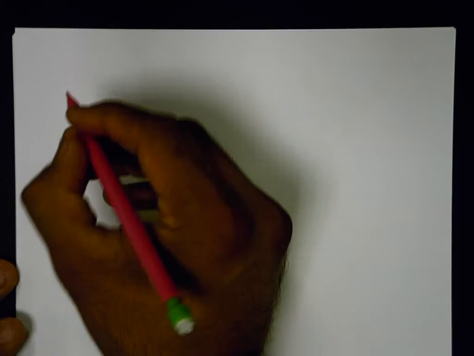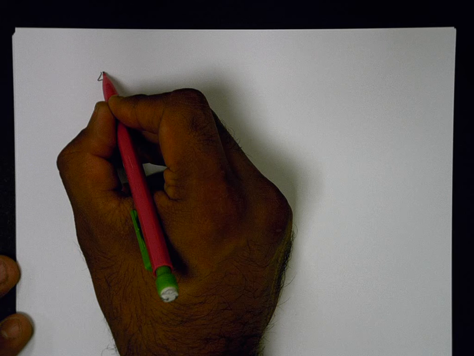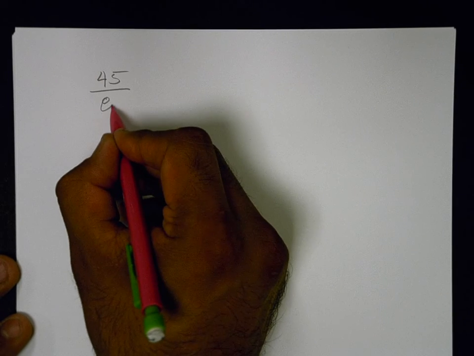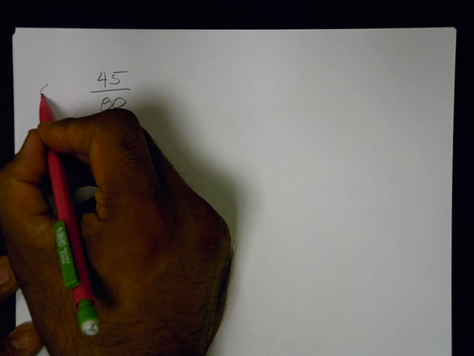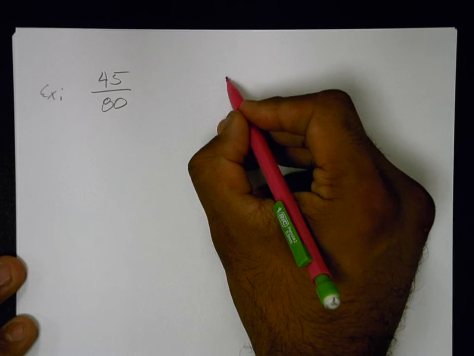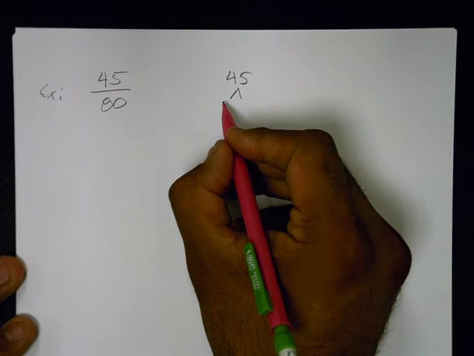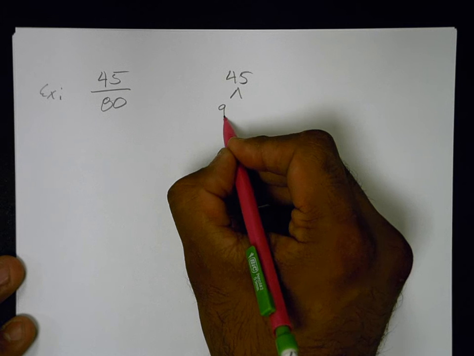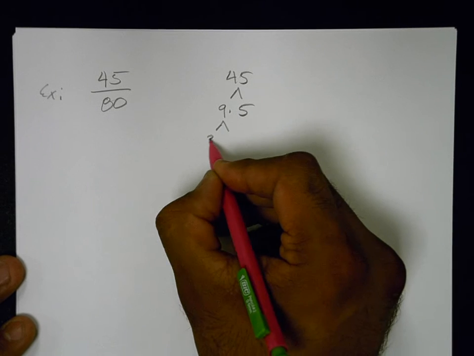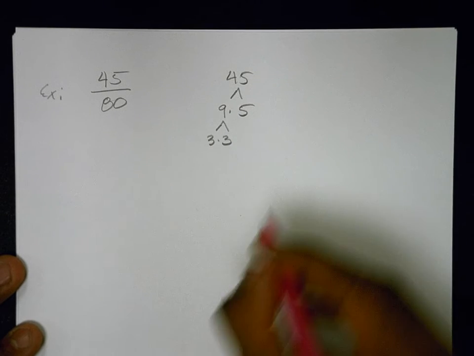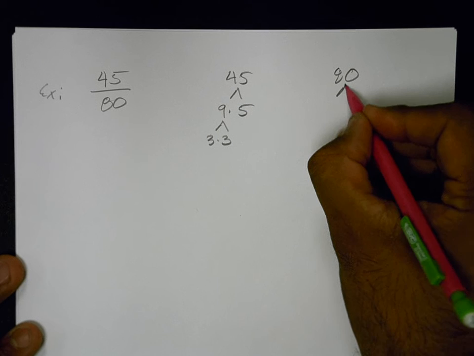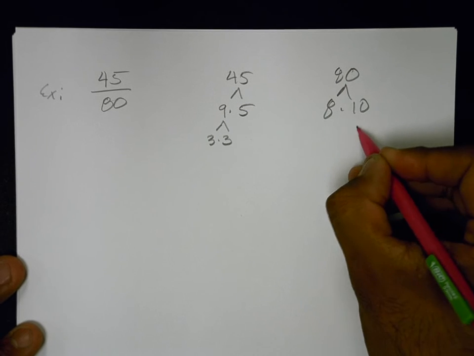How about 45 over 80? Okay. So I'll go to my 45 over here, and I can break this up into 9 times 5, and then 3 times 3. And then 80, I'm going to break this up into 8 times 10.